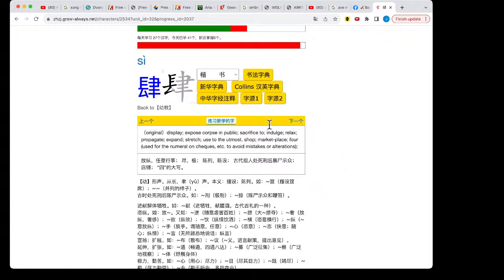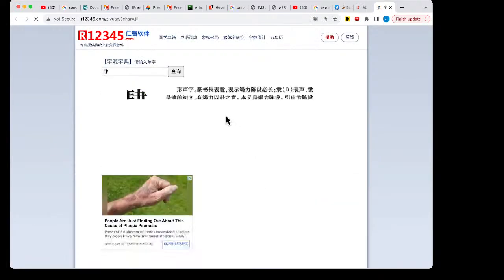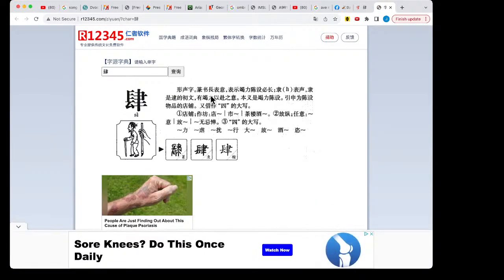So let's take a look at the character itself. There's a li on the right, and dai.